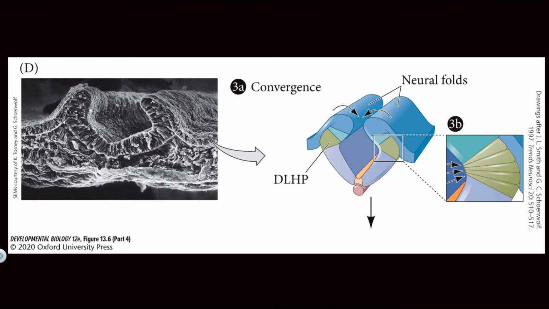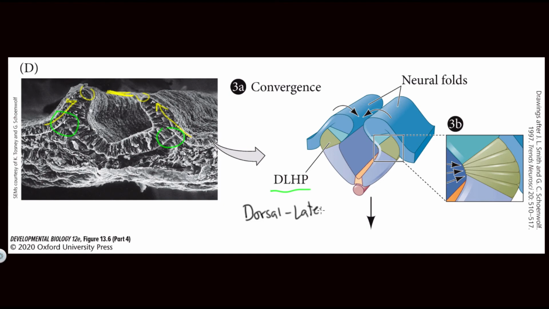And then lastly, well, actually, that's not quite lastly. We're going to get convergence. So we have all these rising cells, and this and this are going to come together right here and here. They talk about the hinge points. Here and here, they're called the dorsal lateral hinge points, or DLHP.